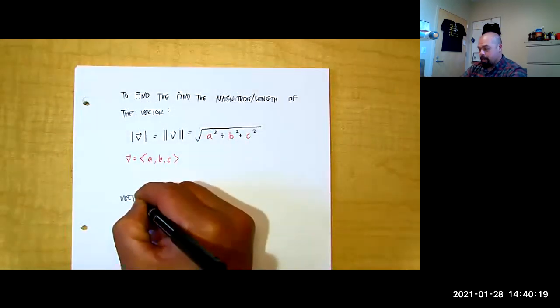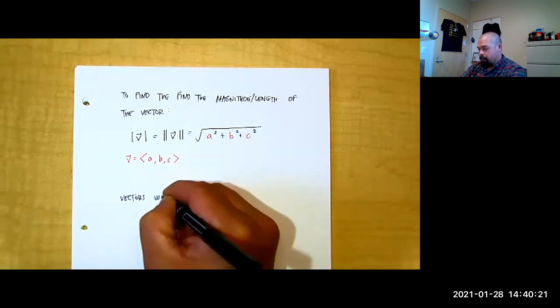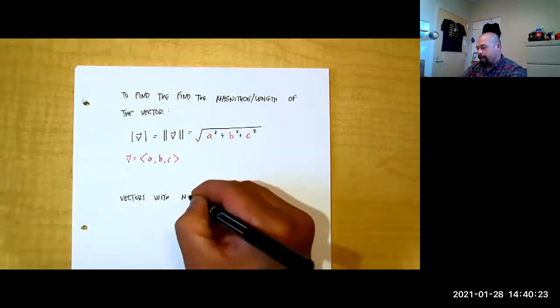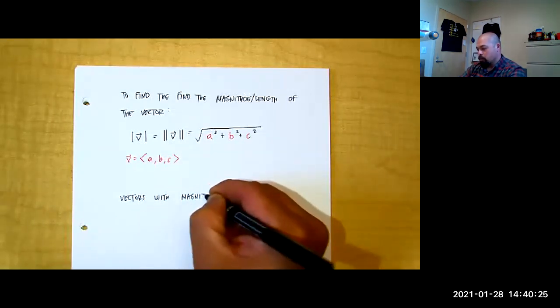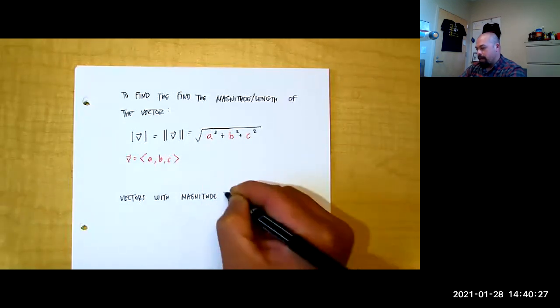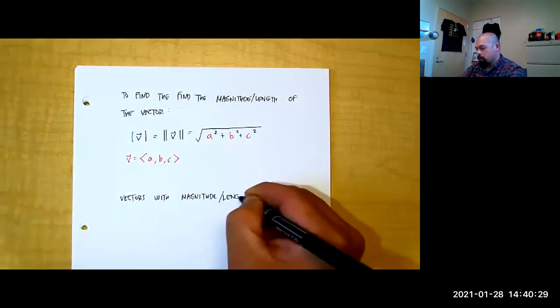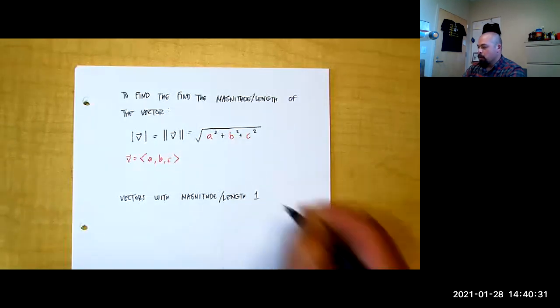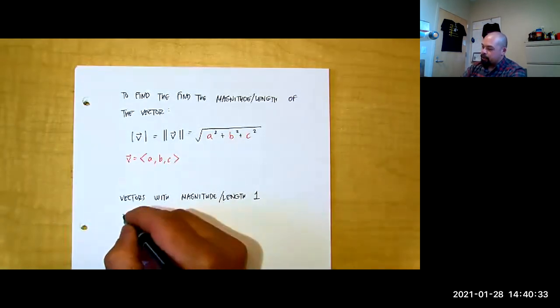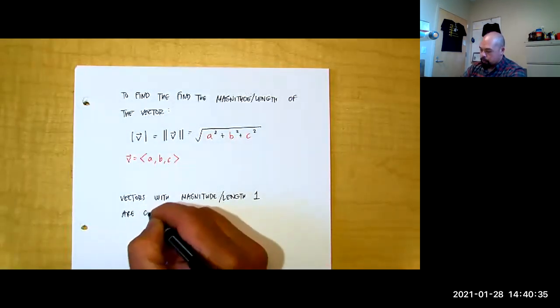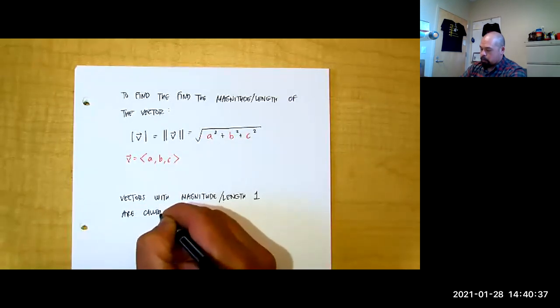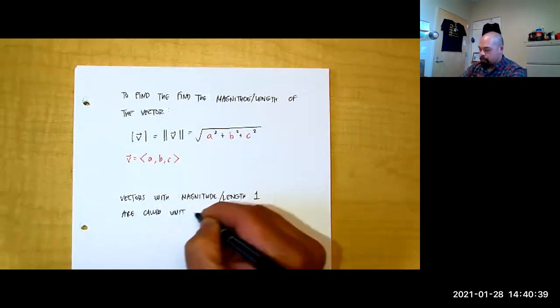Okay, and then one last component here. Vectors with magnitude 1, magnitude or length exactly 1, are called our unit vectors.